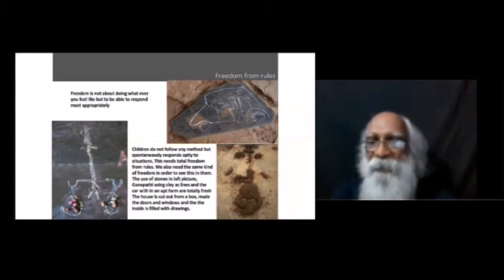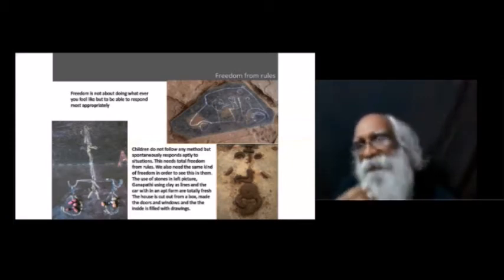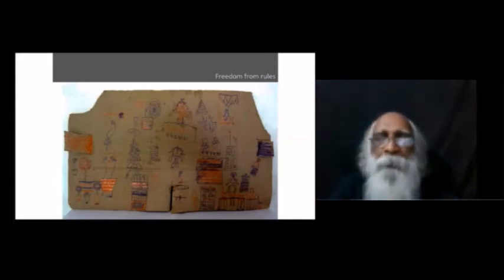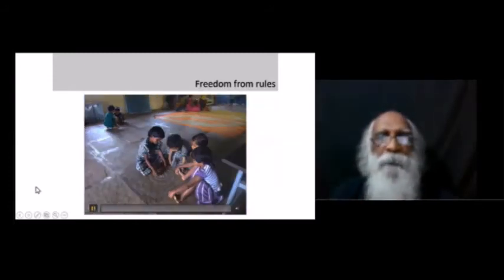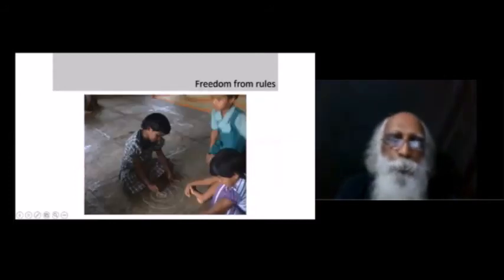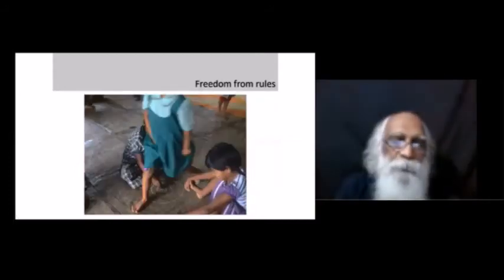And this again, with clay, they made a line drawing actually. And of course, you can see the way the child has combined different things there. This was another very interesting kind of breaking rules. They combined 3D and 2D once again. And I'll show you one more fantastic drawing.